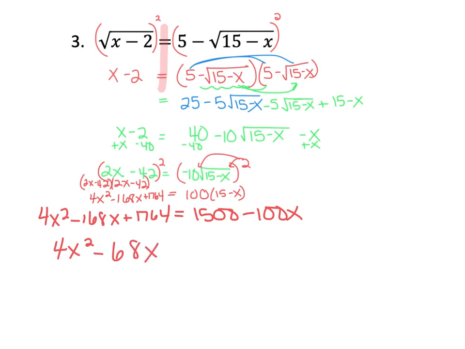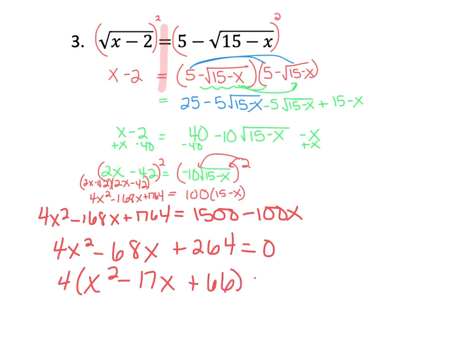And then subtract 1,500 would be plus 264 equals 0. So now all of that leads me down to a quadratic equation, and I'm hoping that it's factorable. So I'm going to start by factoring out a 4, which gives me x squared minus 17x, plus 264 divided by 4 is 66, is equal to 0.